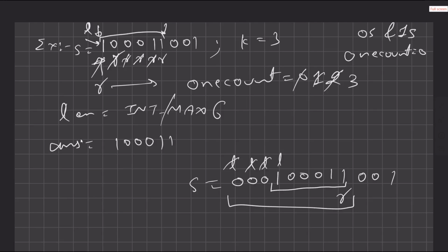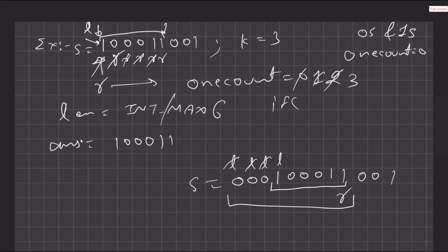Okay, so how you can do this now is the question, right? So you need to check in the condition if your one count is equal to k, then you will run a loop: while your one count is equal to k, in that case you will move your left pointer ahead. So you'll check if the string at left is equal to 1.